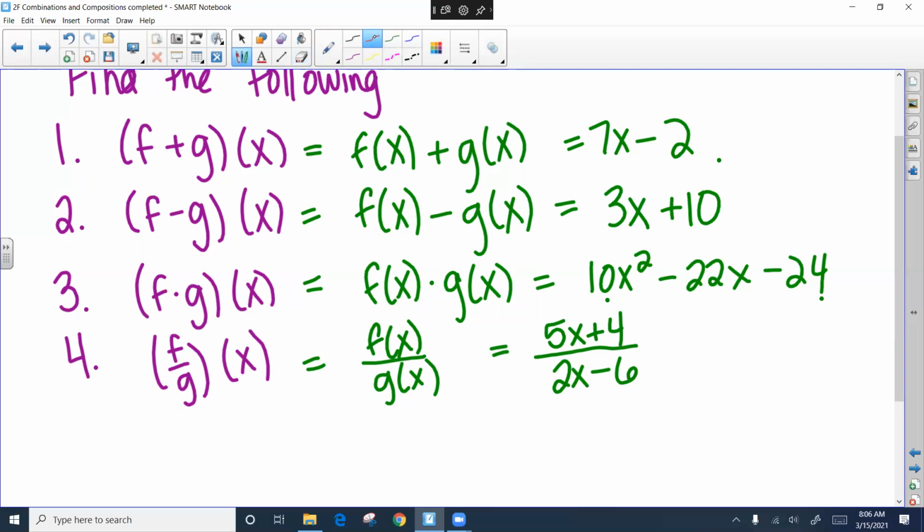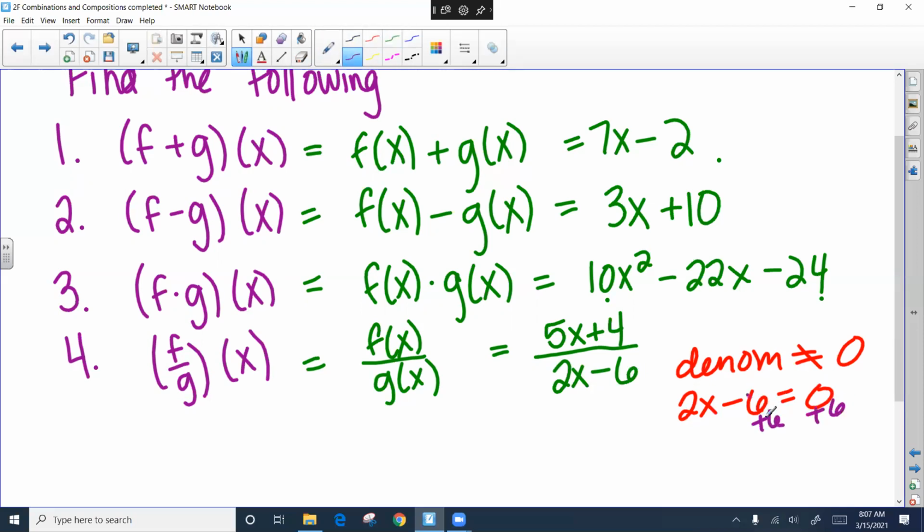The one thing to remember on these is that this denominator can't equal 0. And so one thing we should at least think about, I have a restriction on the domain on this one. This denominator can't equal 0. So you might remember we would set the denominator equal to 0 and solve.